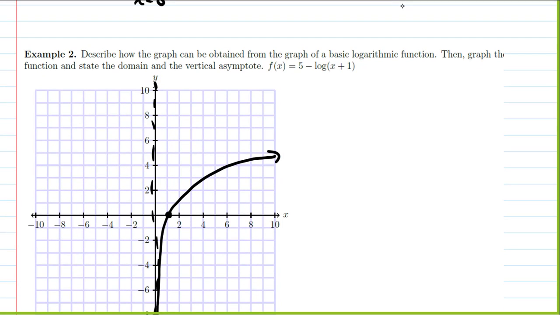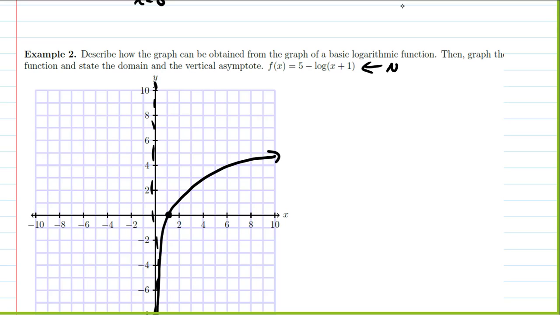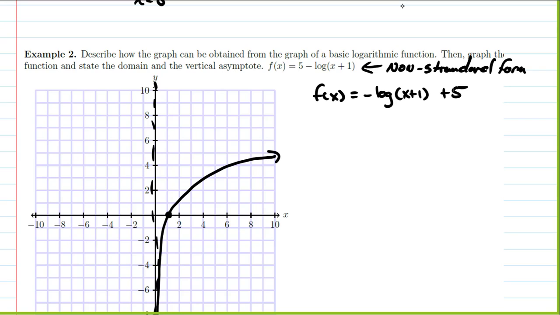We want to do some comparisons, but our function is written in a non-standard form. So we need to rearrange our function a little bit. If we change the order, we have the negative logarithm of x plus 1 plus 5. This is just the same function, but we've now rewritten it in a slightly different order.